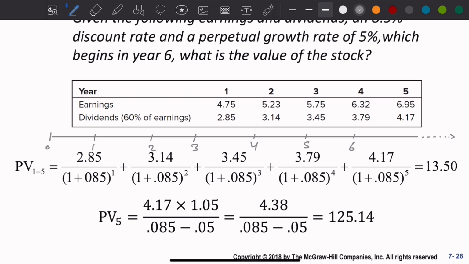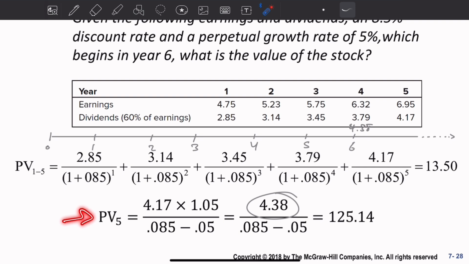And here we have the payments. We're going to write them on the top, but then for the 6th year, as we have calculated right here, we expect to get $4.38. But what we are doing here is that we're discounting all of the following dividends, assuming that they're going to have a constant growth rate.